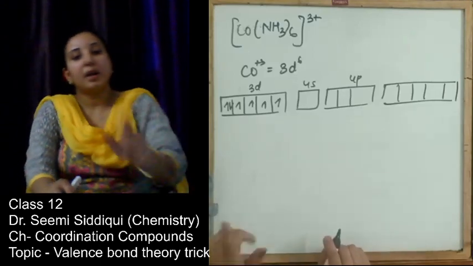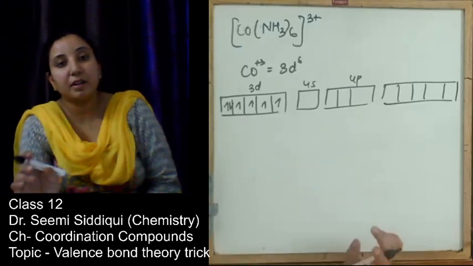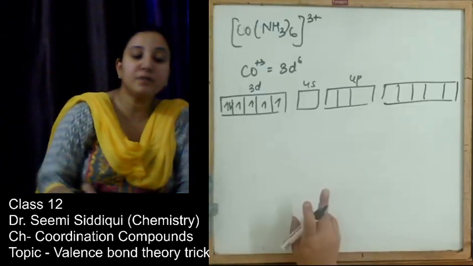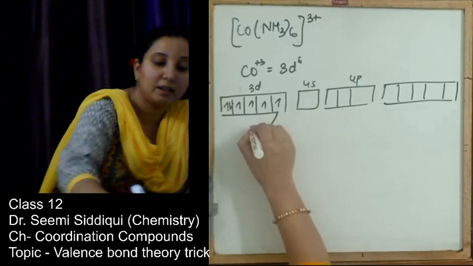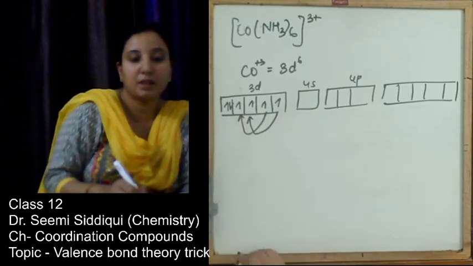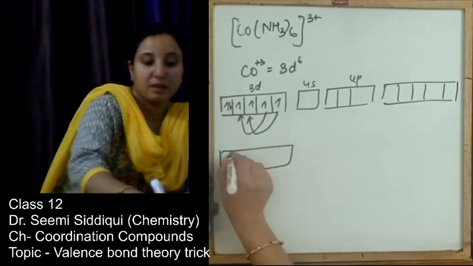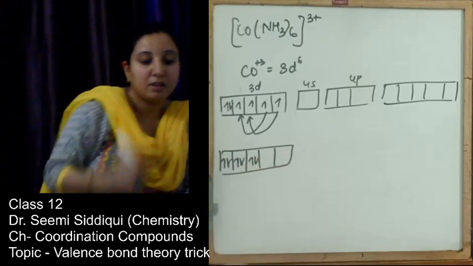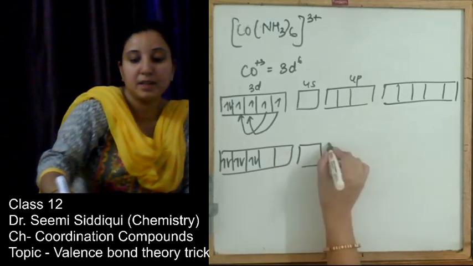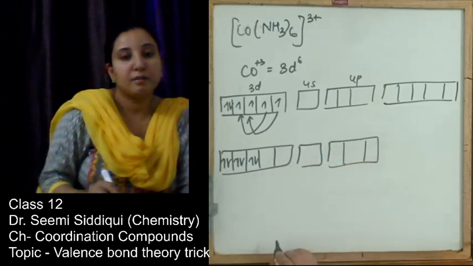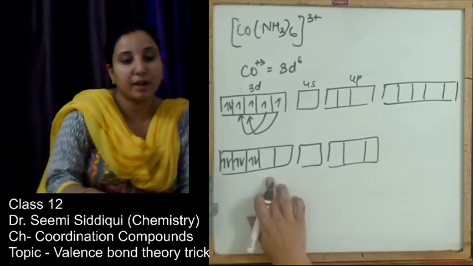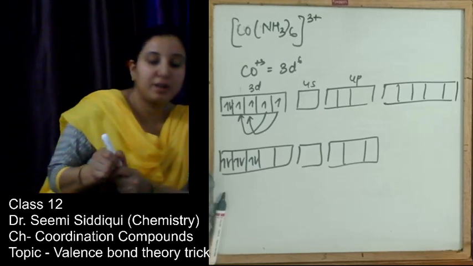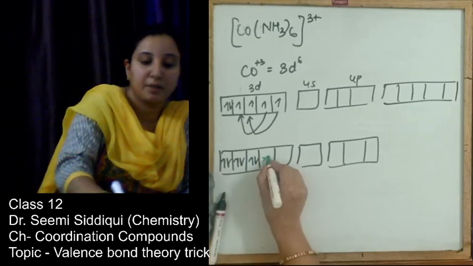Now look, NH3: we have done that it is a strong field ligand. Therefore, because of its strong field, pairing is going to take place. This pairing has taken place and we are left with 6 vacant orbitals, where the filling of the NH3 lone pairs will take place.